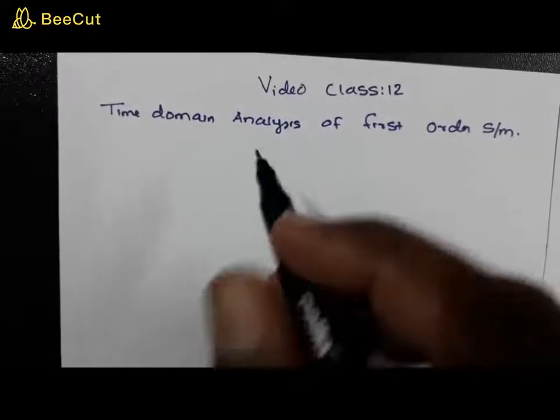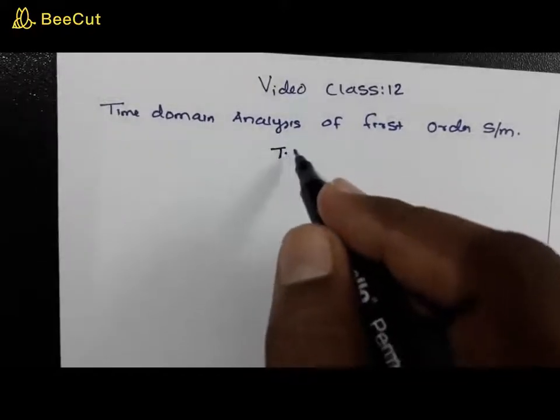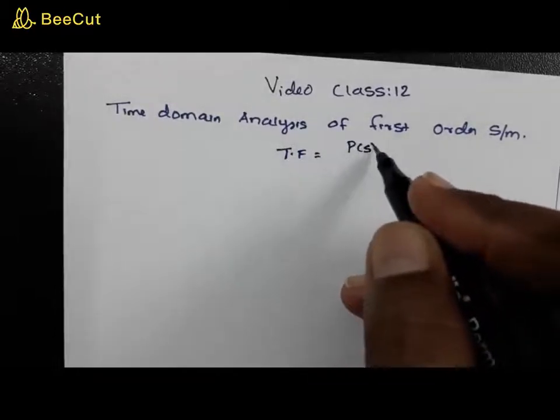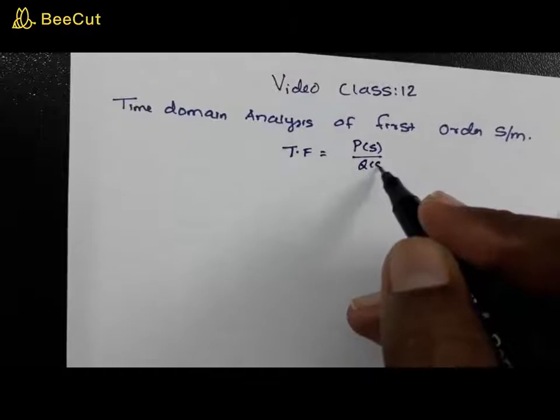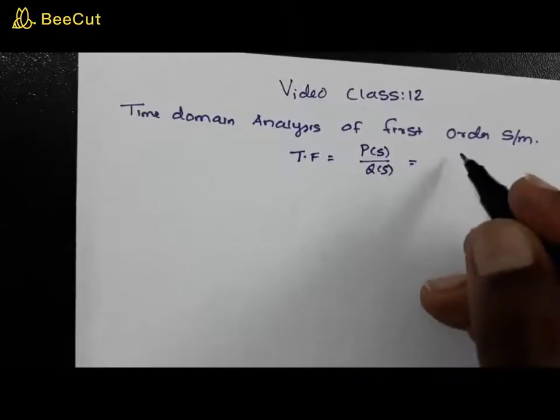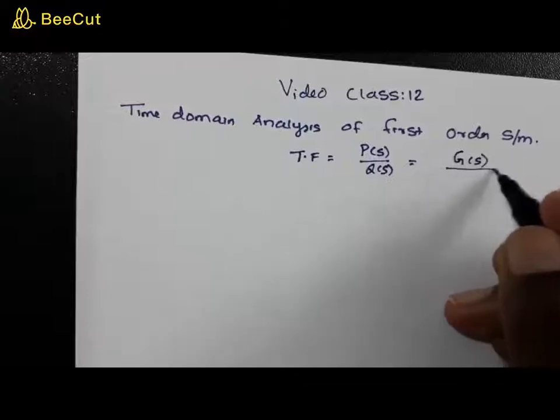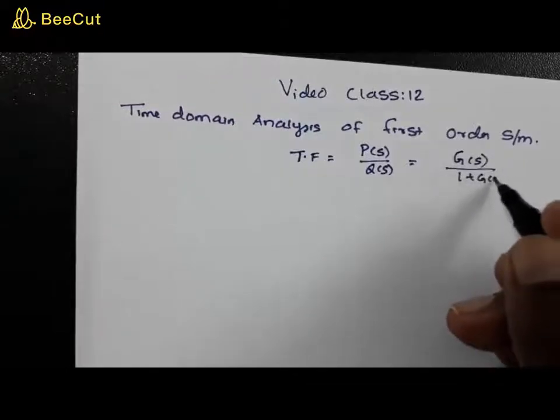So again I repeat, transfer function is of the form P(s) over Q(s), and for a general closed loop control system, that will be G(s) by 1 plus G(s)H(s).